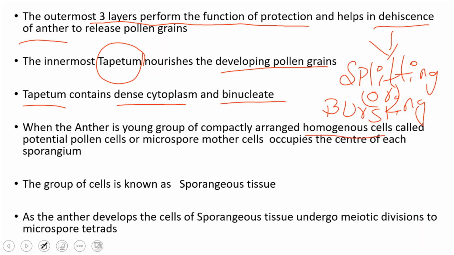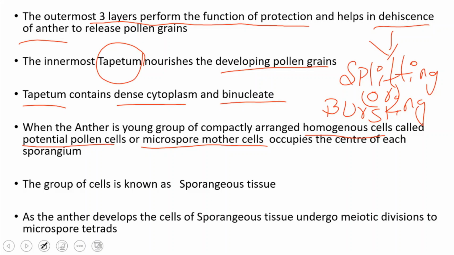Morphologically and structurally they are very similar, and these cells are named potential pollen cells or microspore mother cells.